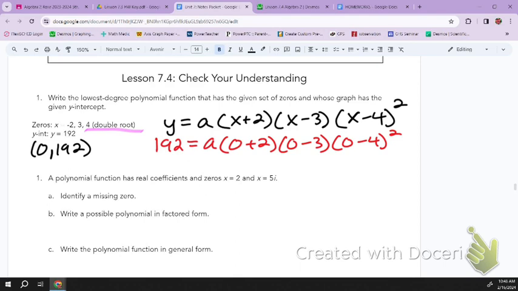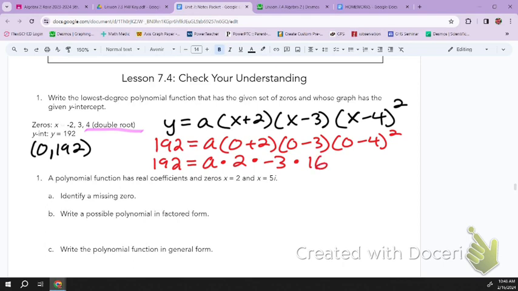Remember, always do the parentheses first, then exponents. So what's 0 plus 2? 2. What's 0 minus 3? Okay, what's 0 minus 4? And then I square it.